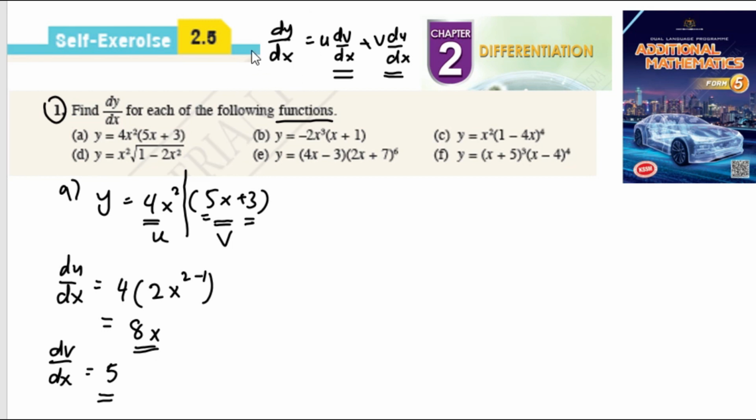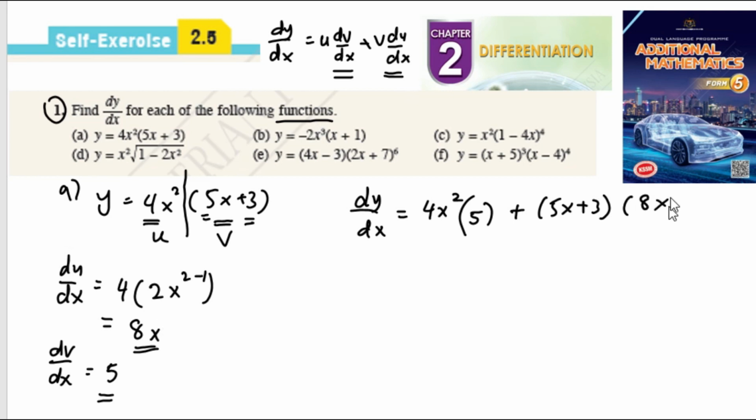So we can substitute. dy over dx is equal to u, which is 4x squared, times dv over dx, which is 5, plus v, which is 5x plus 3, times du over dx, which is 8x.